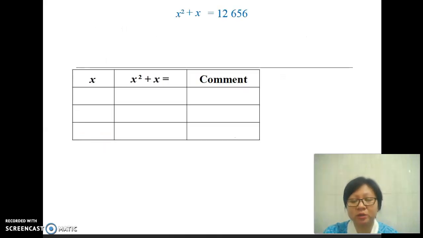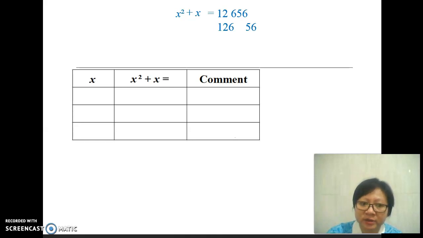It's time to use the trial and improvement methods here. First, you need to determine the value of x, right? Okay, but the number here, 12,656, is too big. What to do? Separate the last two digits, 5 and 6, and use only the first three digits, 126. Find the perfect square number that is nearest to 126.